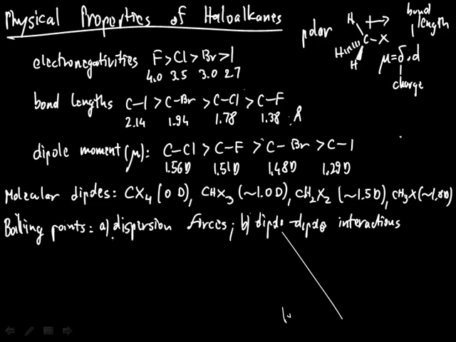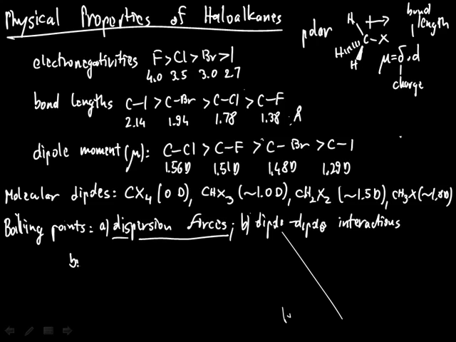Perhaps counterintuitively, dispersion forces are the main contributor to the boiling point differences, because halogens, especially larger halogens, are very large atoms, so they increase tremendously the surface area of these molecules and allow them to have much greater contact area. And dipole-dipole interactions come in second.